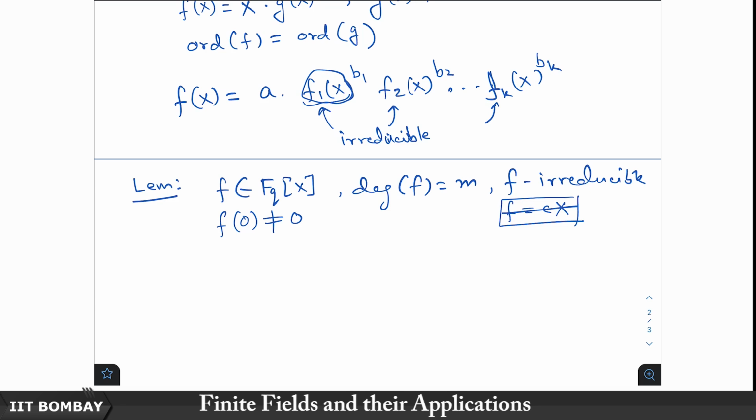So, the order of constant 1 is just 1 itself. Now, if you have an irreducible polynomial, the order of f is the same as the order of any of its roots.